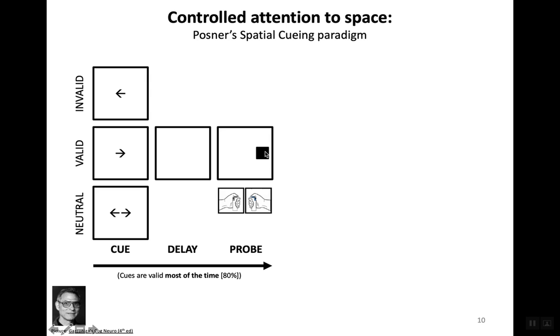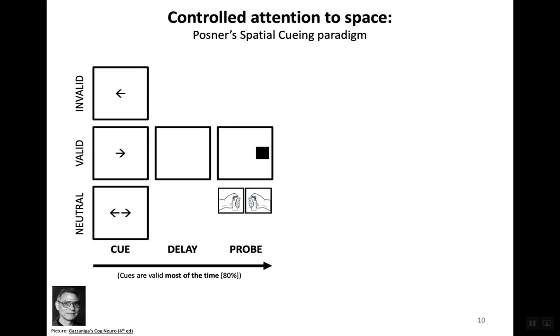And whenever the stimulus occurs, let's say on the right-hand side of the screen, then you press a button with the right hand, and when the arrow correctly cues you to the left hemifield and a subsequent stimulus appears over there, then you press a button with your left hand.